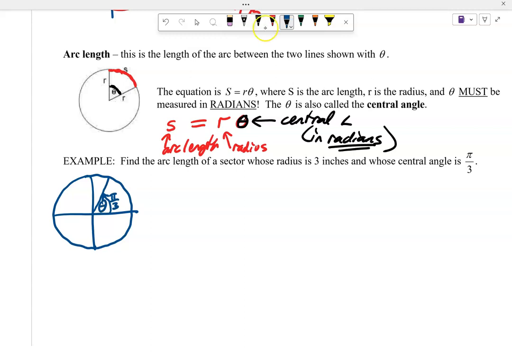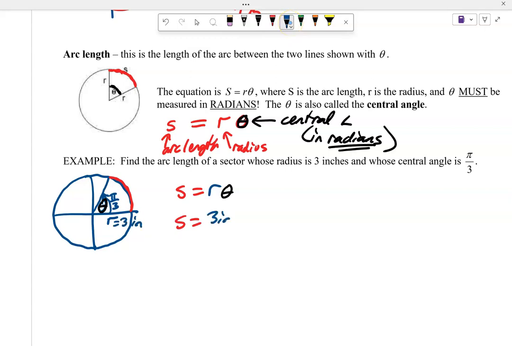Okay, I'm trying to find my arc length here in red. So my arc length is equal to the radius r, here's my radius r, times my central angle theta. They tell us that this radius here is 3 inches.